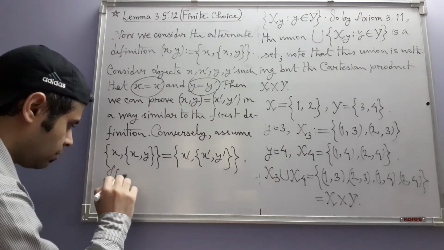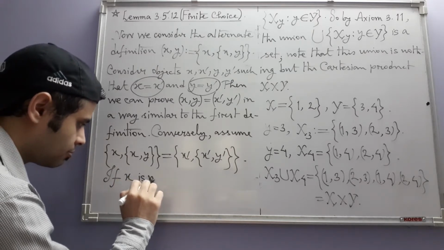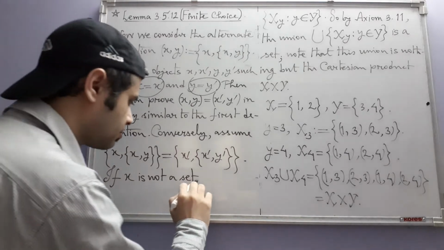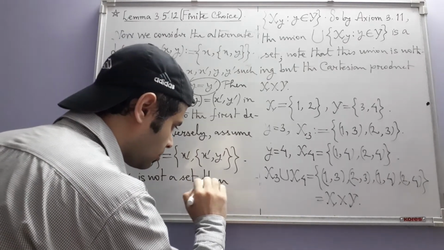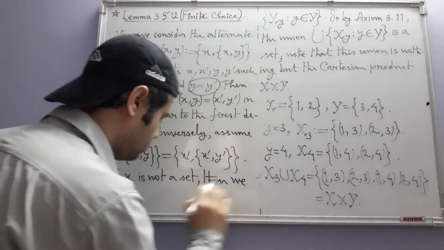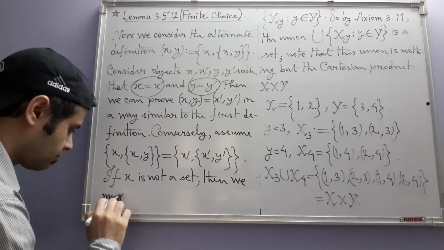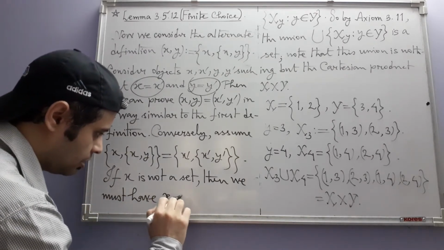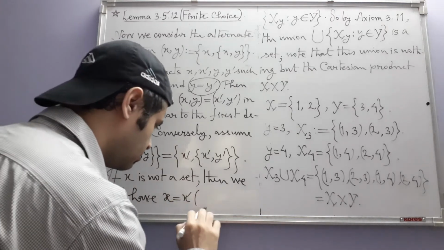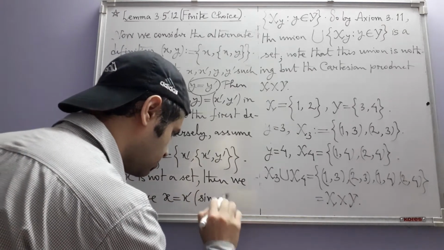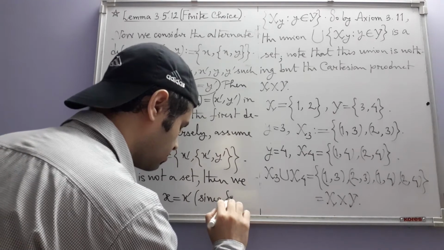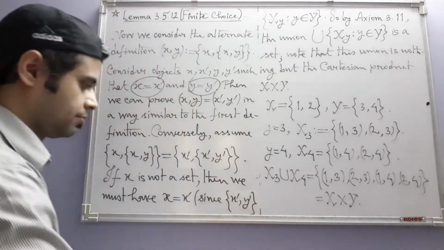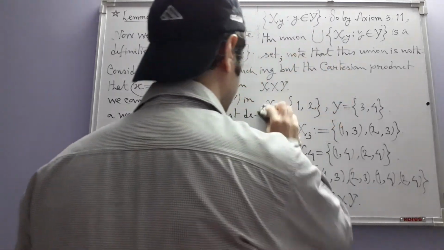If x is not a set, then we must have x is equal to x prime, since x prime comma y prime is already a set.